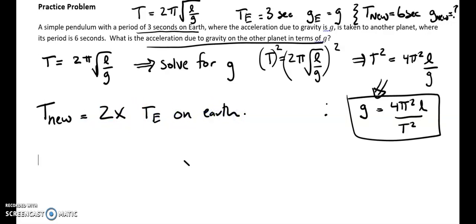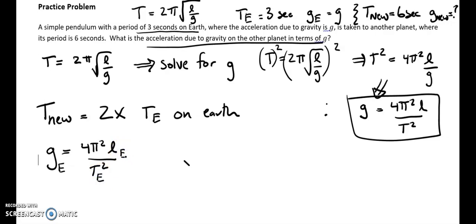Great. Now I'm going to take the equation I just made for acceleration due to gravity. Again, that equation is g = 4π²L/T². Let's say this was originally talking about Earth, so I'm going to call this g on Earth, T on Earth, and this is the length on Earth.